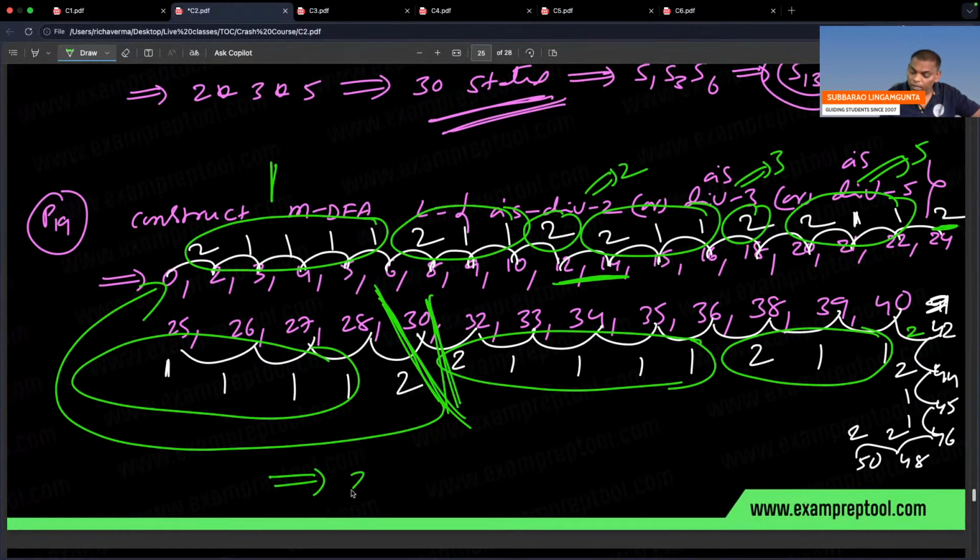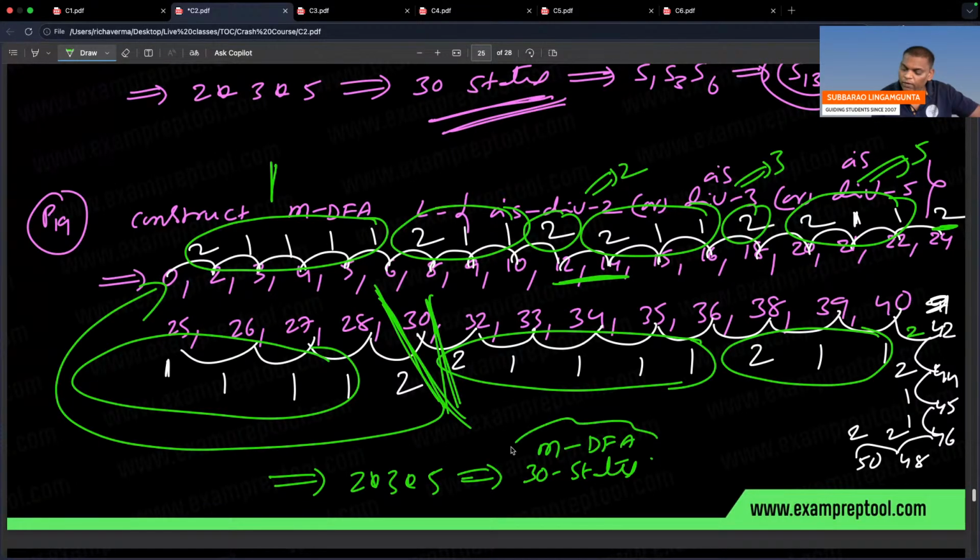Multiplying 2 into 3 into 5, 2 into 3 is 6, 6 into 5 is 30 states. Remember, 30 states is the DFA, or maybe the minimal DFA. For this problem, the minimal DFA is also the same: minimal DFA 30 states. We verified. Because of the OR condition there may be a chance of fewer, but I verified: after 30, only the same story repeats.